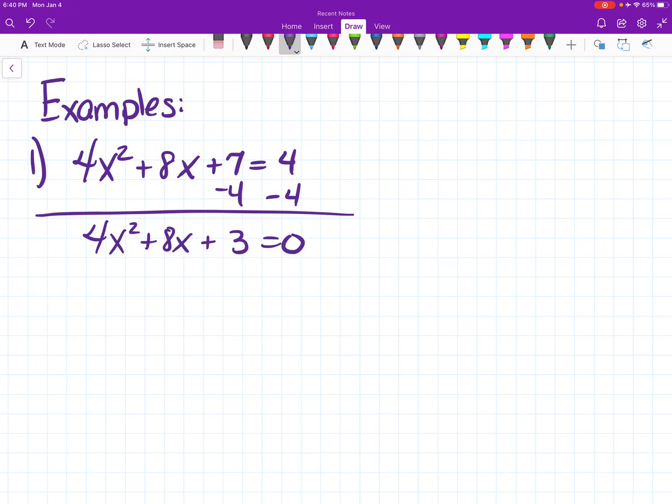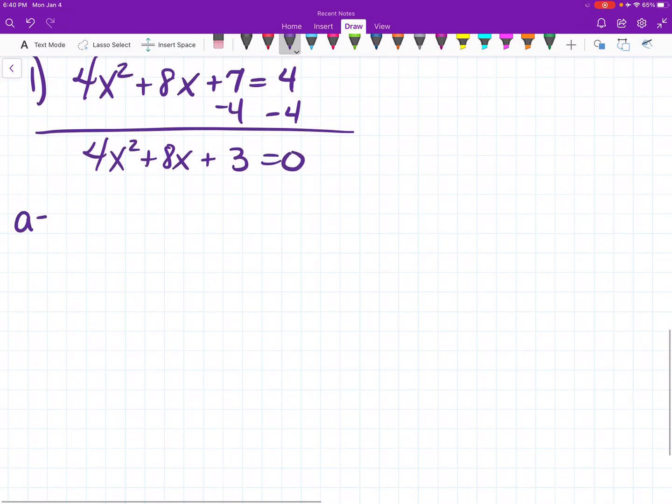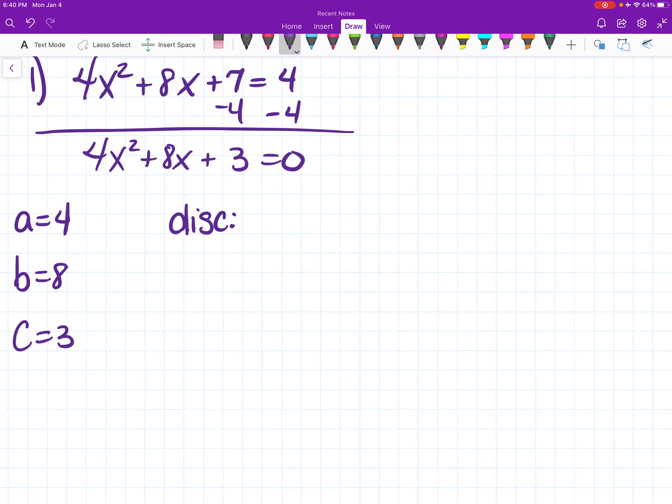Now, I didn't put this in the steps, but I always identify my A, B, and C. Then do the discriminant first. Remember, the discriminant is b squared minus 4ac. So b is 8 squared, and this is where you've got to watch your negatives.